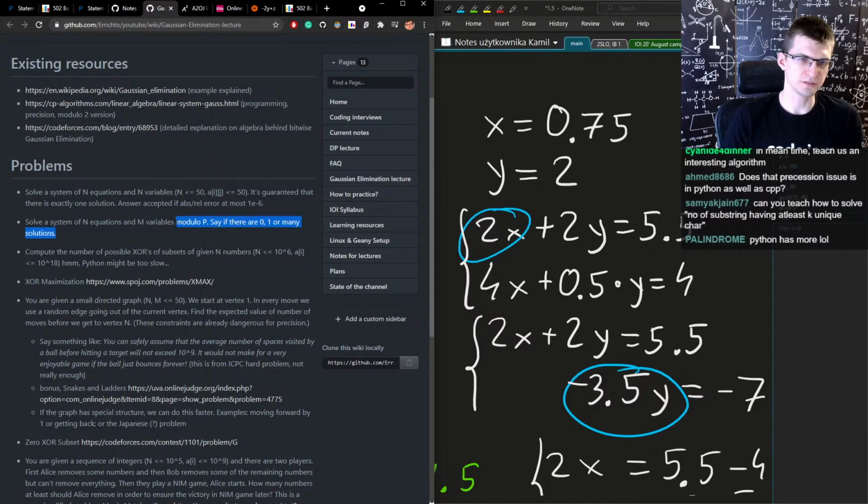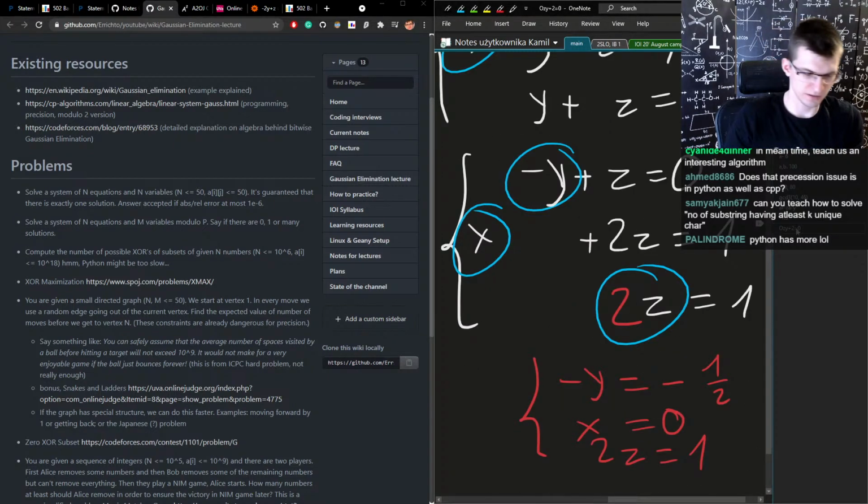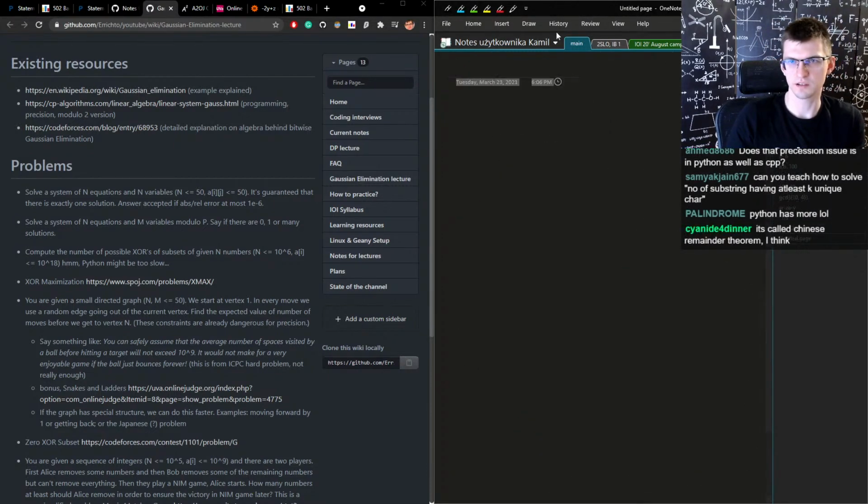Yeah, modulo p, it's very easy to come up with. Even without modulo p, it's very easy to come up with a system of equations with 0 solutions. You just need to create 2 equations that don't work together. Maybe not trivially. I think a good example of that is this.